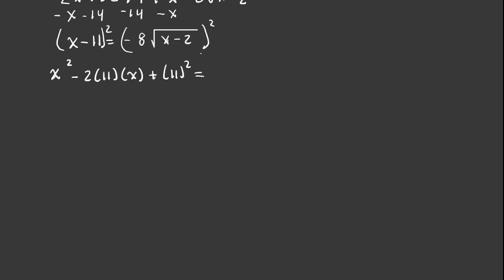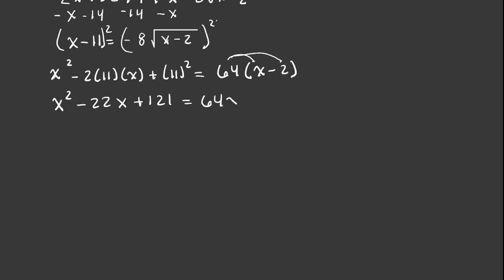Now here, negative 8 squared is 64. X minus 2 is what's left here. So now I evaluate this. So x squared minus 22x plus 121 is equal, I'm going to distribute this, to 64x minus 128.